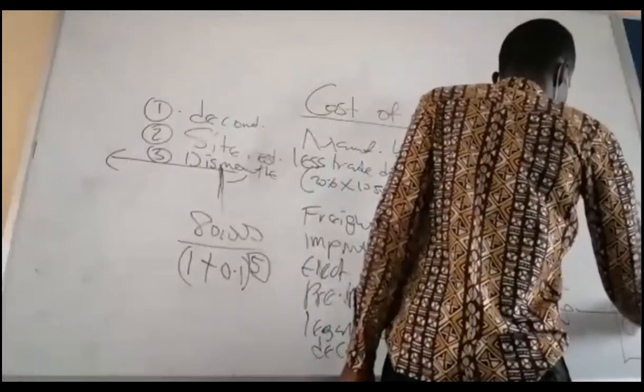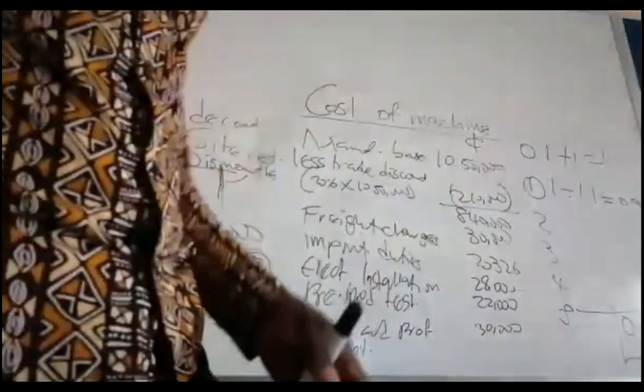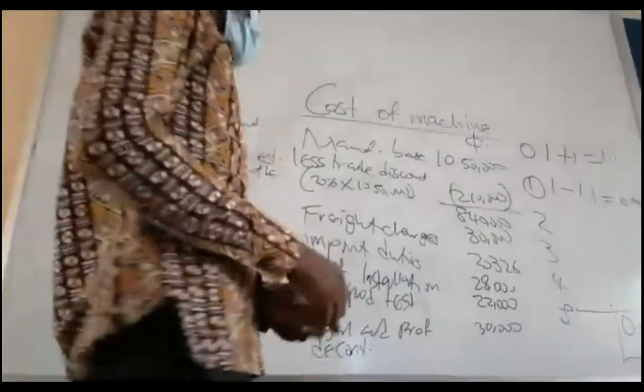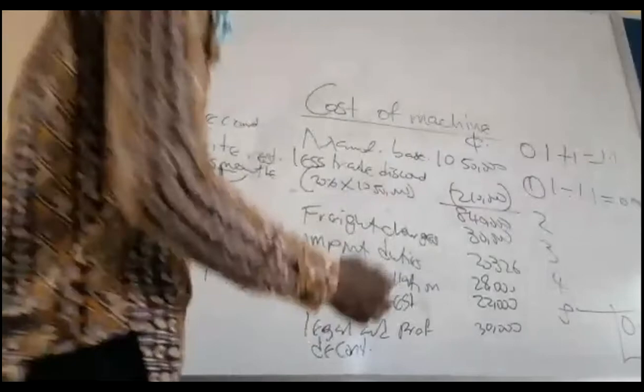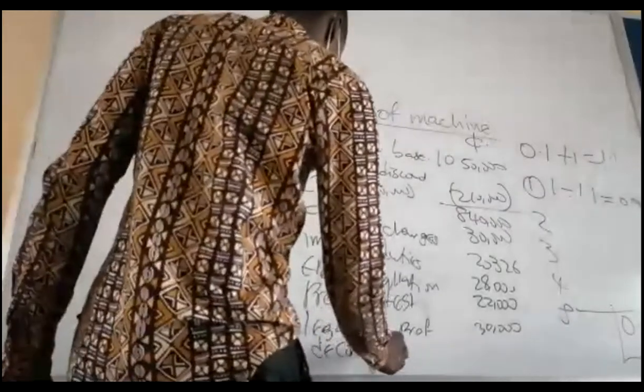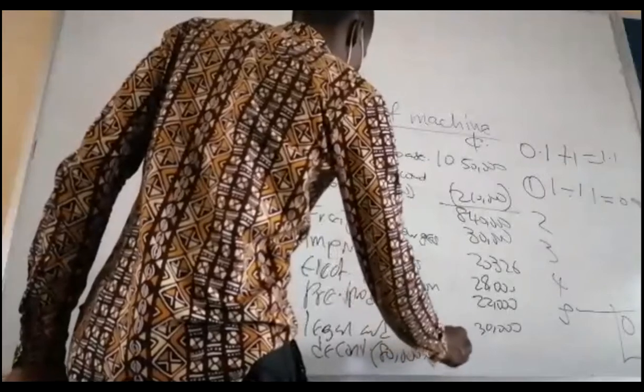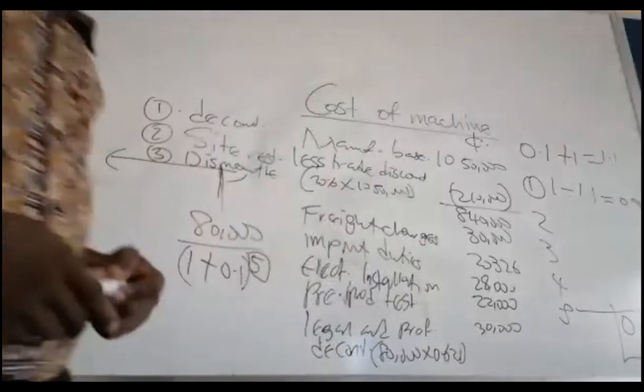So that's the discount factor for 10%, year 5. Then the present value will be 80,000 times 0.621.